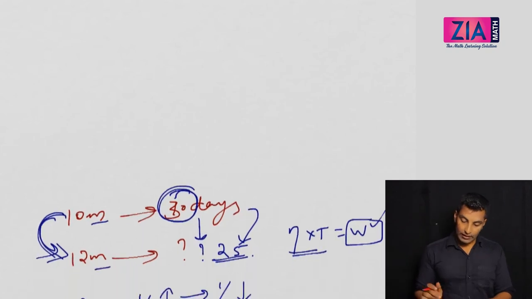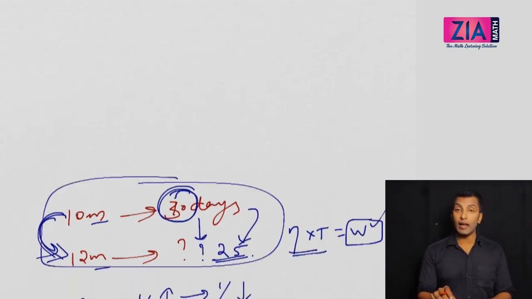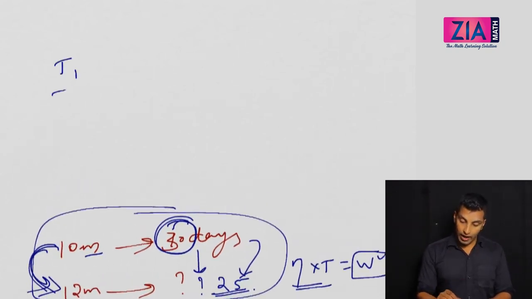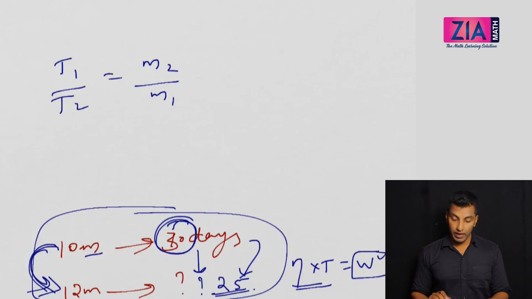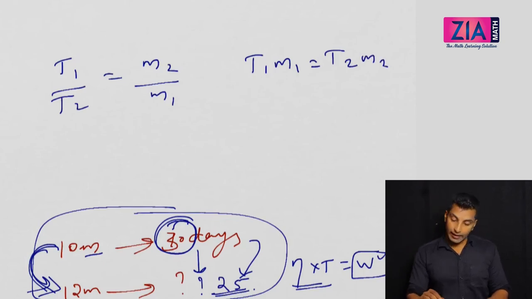If you see this kind of question, there is a formula like T1 by T2 is equal to M2 by M1. Basically the equation is T1 M1 is equal to T2 M2. What is T? Time taken, M number of men.